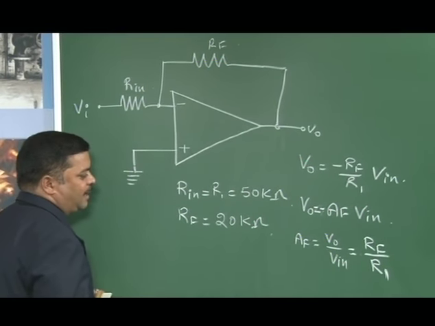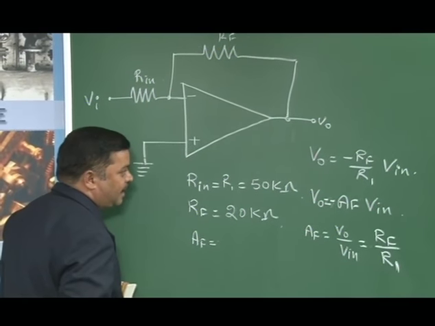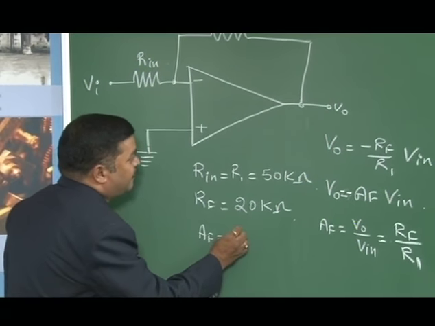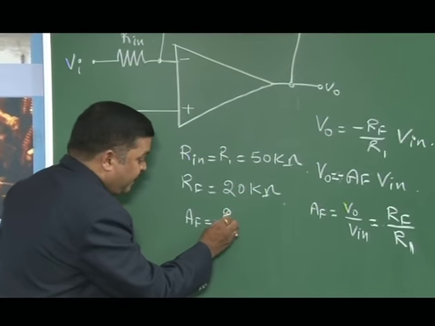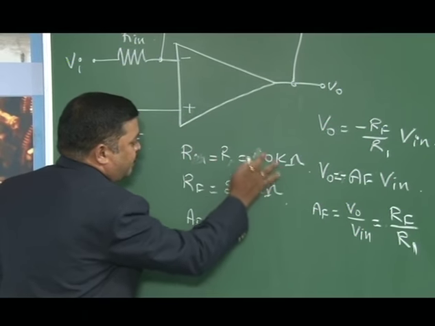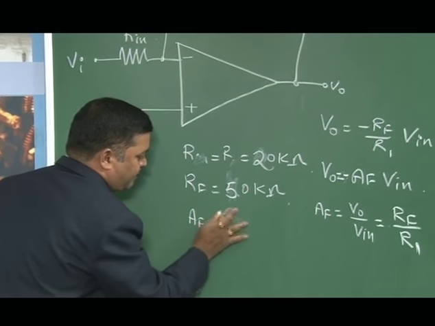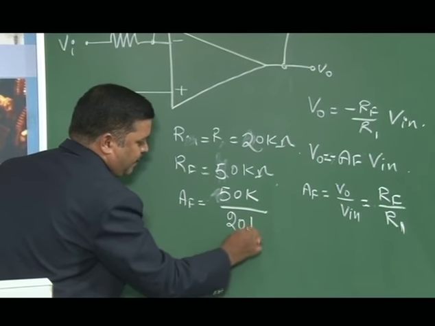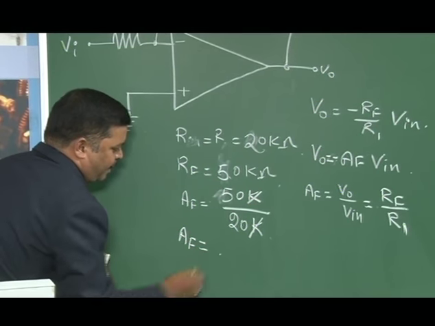Here Rin, Rf and R1 are given. Rf is given to be 50 kilo ohms, sorry, this is Rf, okay, we will make it 20 kilo ohms here. Rf is given to be 50 kilo ohms. Therefore, 50 kilo ohms divided by 20 kilo ohms will give us the gain. So, AF is found to be 2.5.